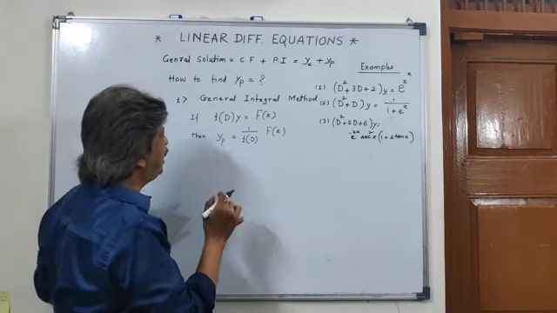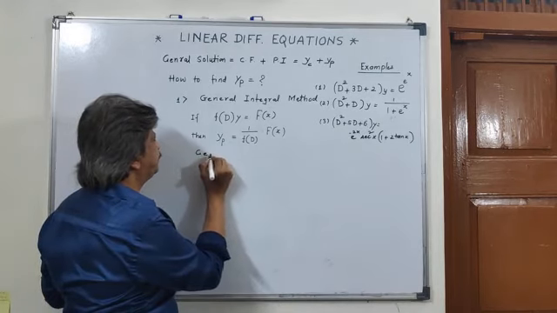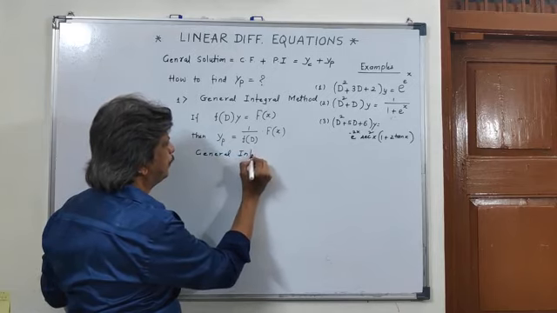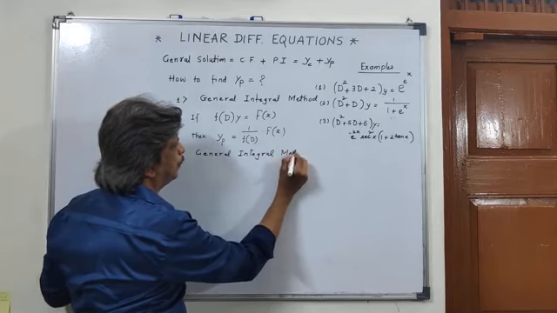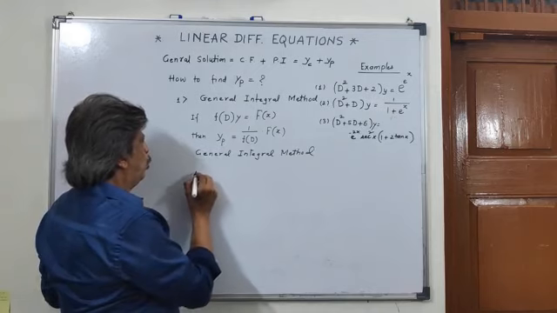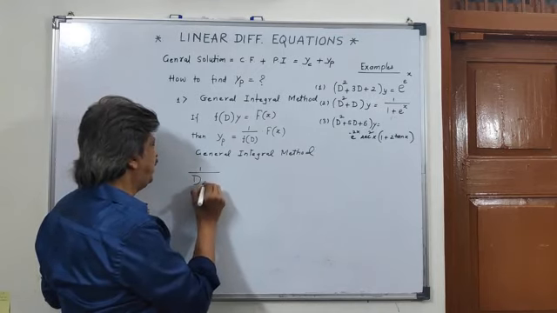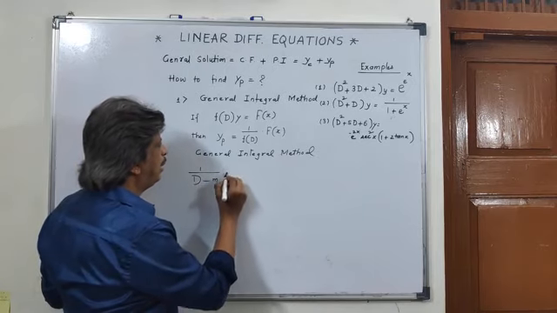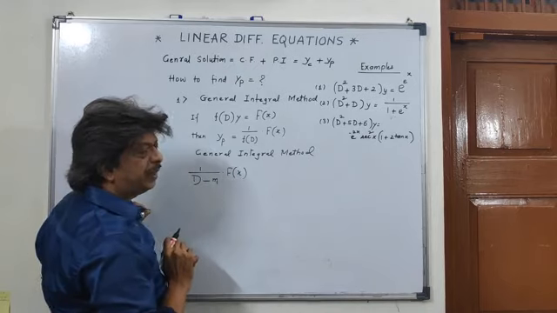Now, what is the general integral method? This is an important formula: 1 upon D minus m operating on f of x. What does it mean?